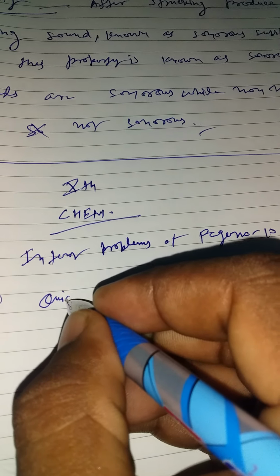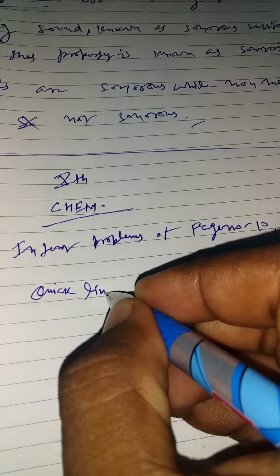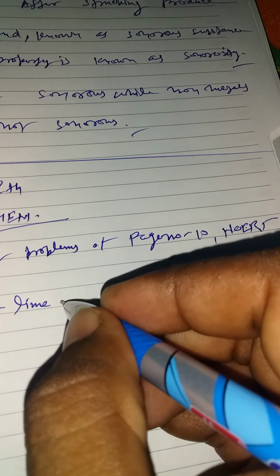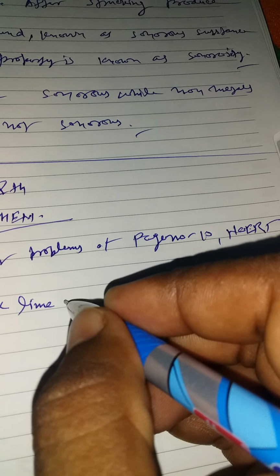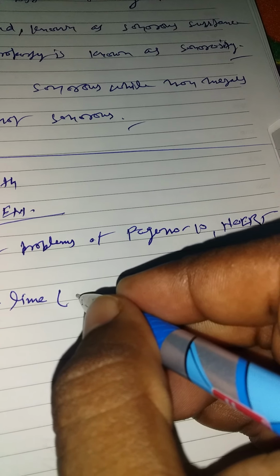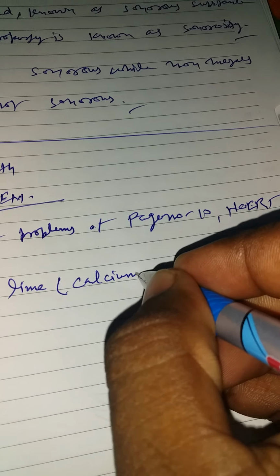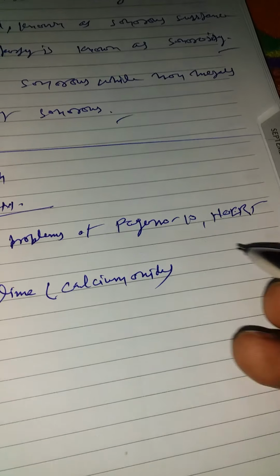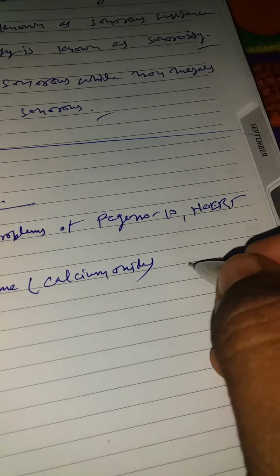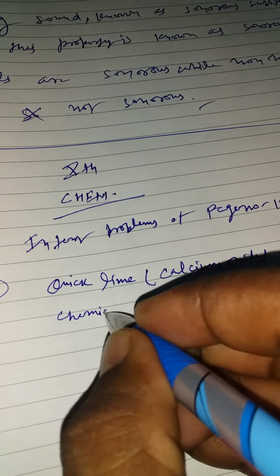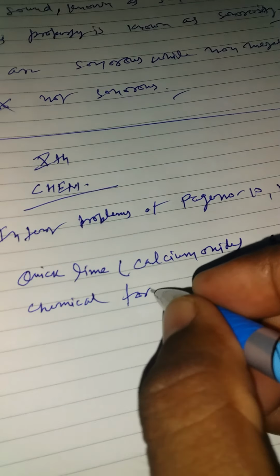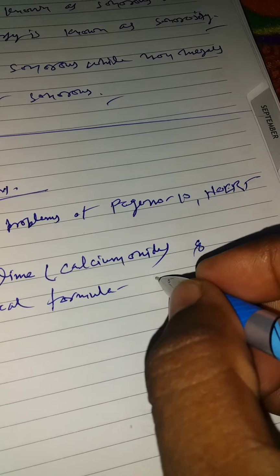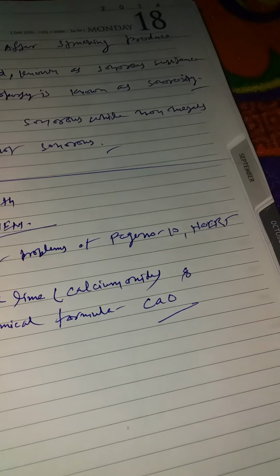Quicklime is the common name, and the chemical name for this substance is calcium oxide, and its chemical formula is CaO.